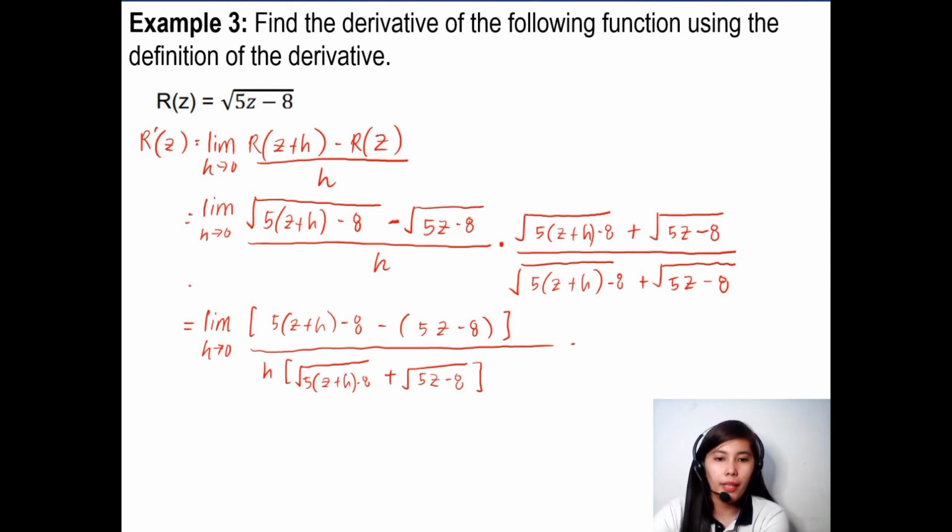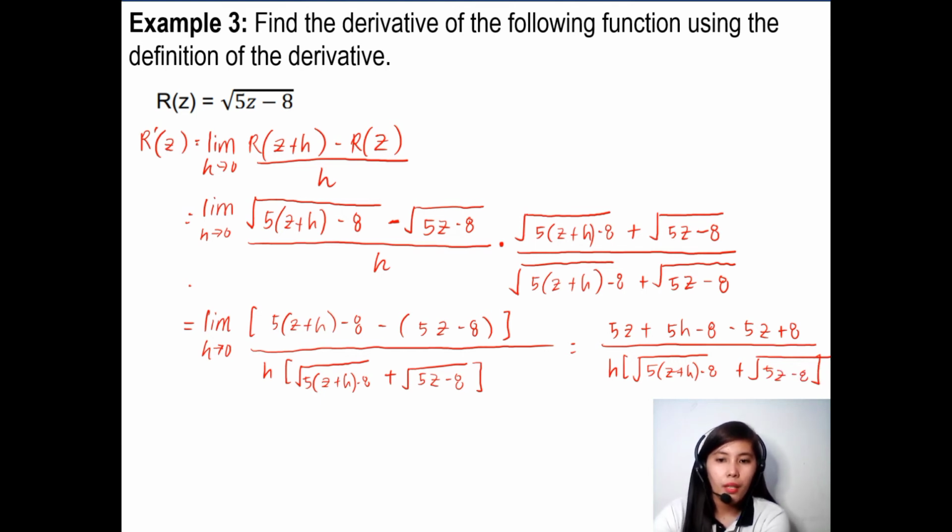Now, simplifying, the numerator will have 5z plus 5h minus 8 minus 5z minus times negative 8, that will be positive 8. Okay, then rewriting the denominator, square root of 5 times z plus h minus 8 plus square root of 5z minus 8. There you go.